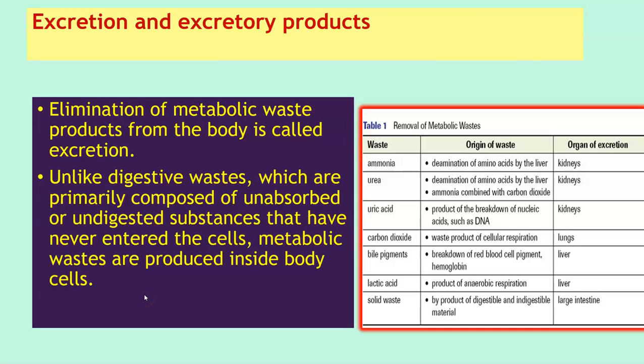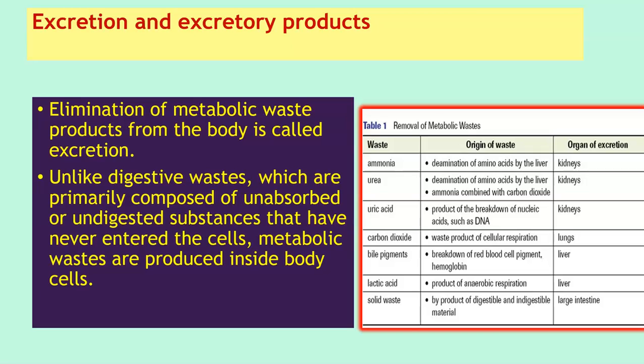Students, let us try to enlist various excretory waste products produced in a human body. Fluids such as water, gaseous waste like carbon dioxide, nitrogenous waste like ammonia, urea and uric acid, creatinine, minerals, salts of sodium, potassium, calcium, etc. If these are present in the body in excess, then they are excreted through urine, feces and sweat.